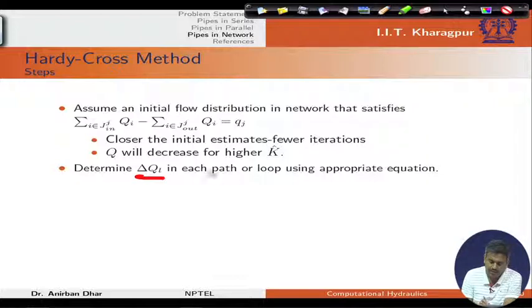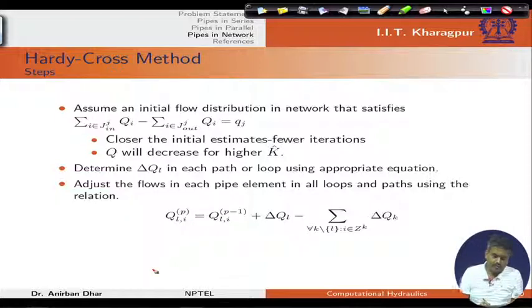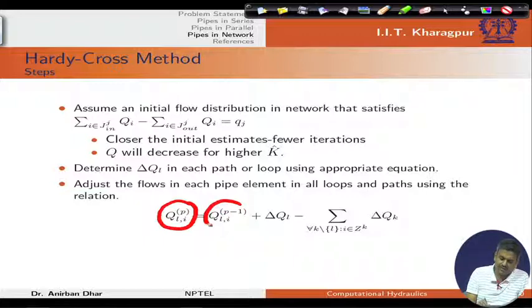I have written it for path and loop, because path is applicable for our pseudo loops. So, adjust the flow for each pipe element in all loops and paths using the relation Q L P. This is the condition when we are updating this Q L I. So, Q L I P is the updated value, and this is our previous iteration value for the lth loop only.